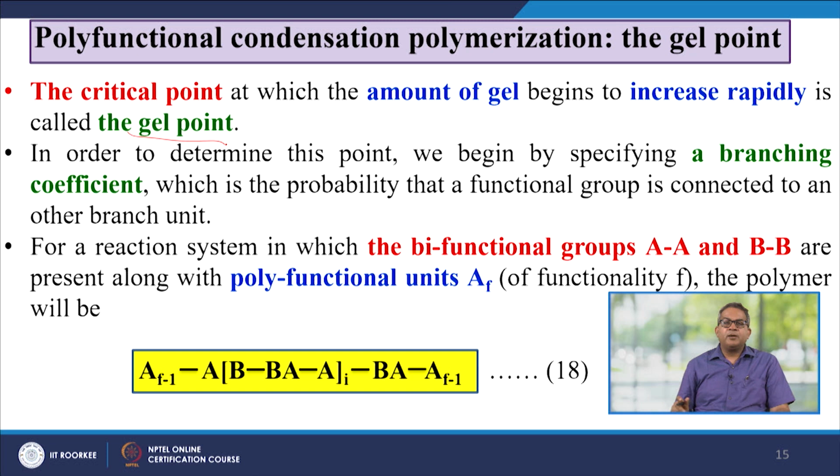In order to determine this particular point, we begin by specifying the branching coefficient, which is the probability that a functional group is connected to another branch unit. For a reaction system, the bifunctional groups like AA and BB are present along with the polyfunctional units of the polymer. That can be represented by equation 18.